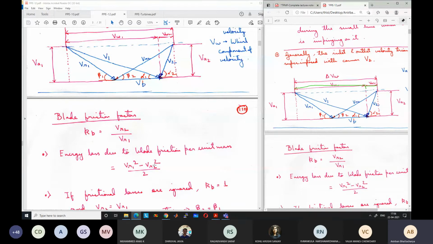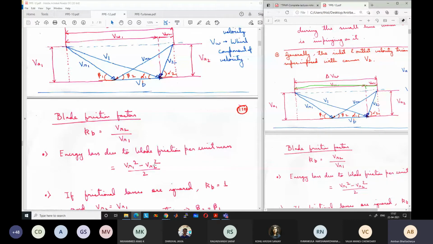It means that we are not converting any enthalpy into kinetic energy within the moving blades. Whatever kinetic energy is coming from the nozzles, that same kinetic energy is being used up for generating the work. We are not generating any new kinetic energy in the moving blades.